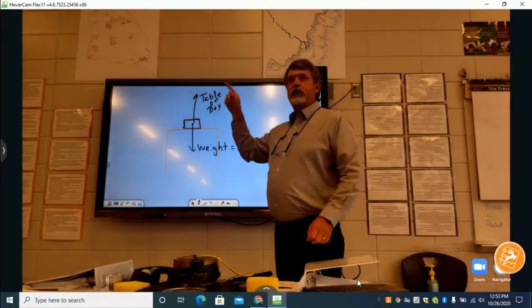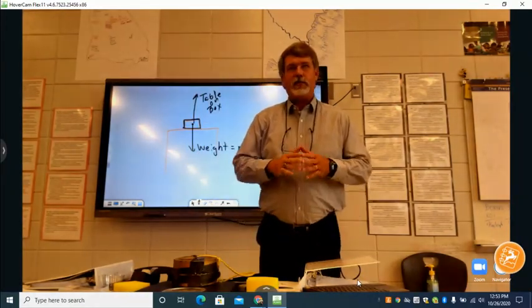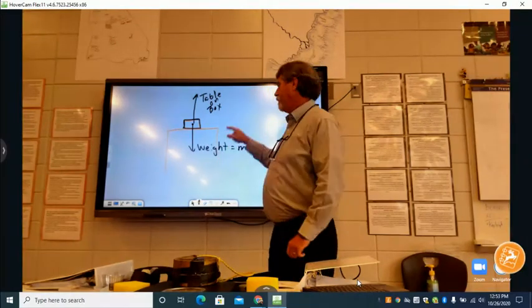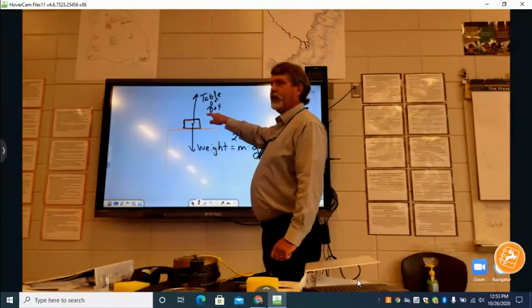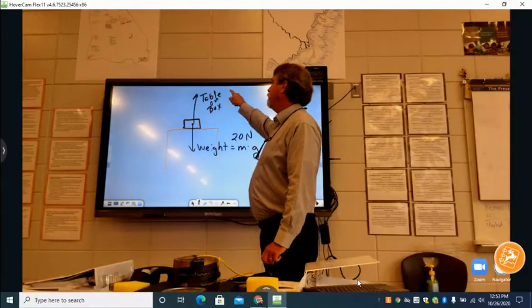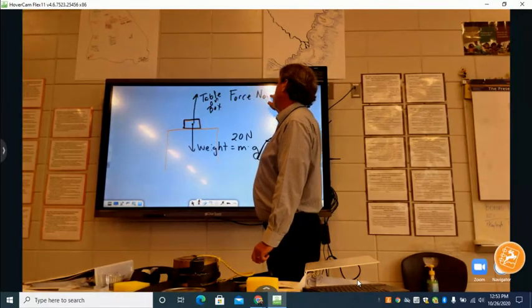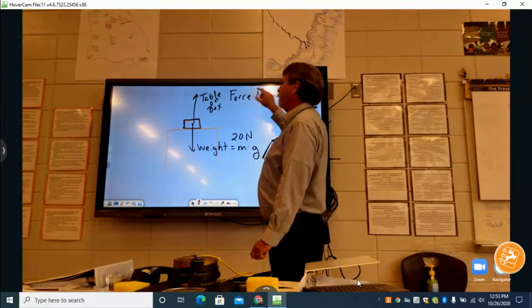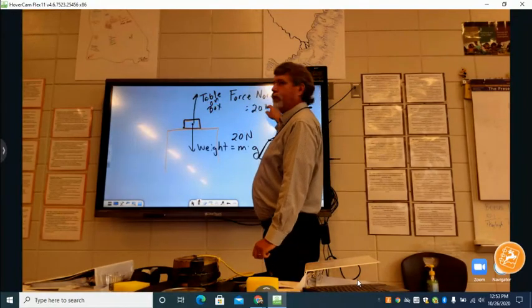If the weight pushes harder than the table, then the weight breaks the table. So they got to be equal. So if the weight is 20, then what's the force normal, which is the contact force between the two objects? It is 20 newtons also.